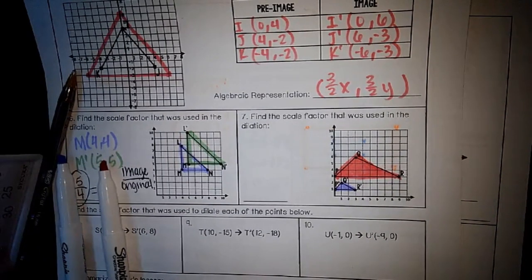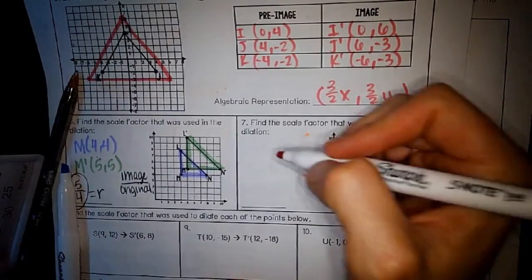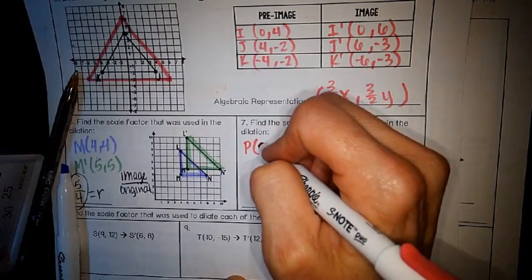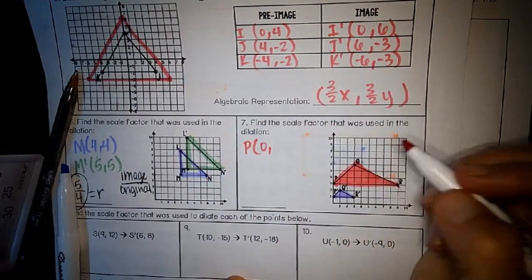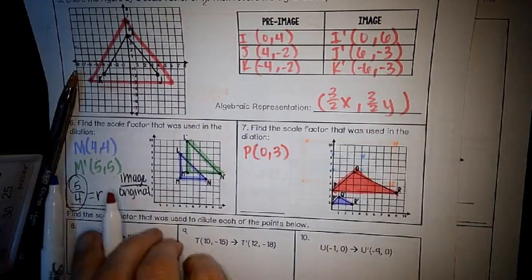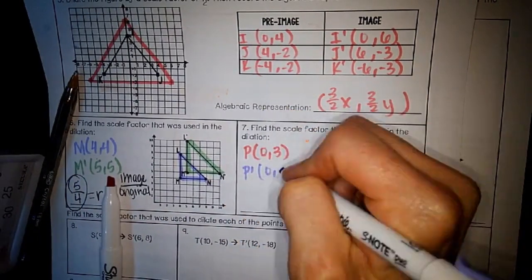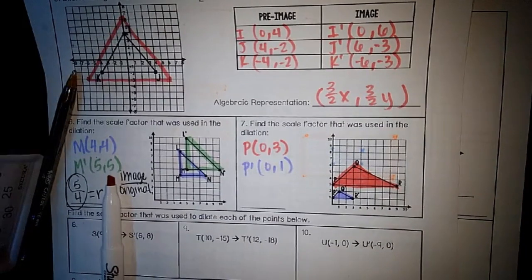P. Okay, let's go with P. So, the original P is what? 0, comma 3. And my P prime is what? 0, comma 1. Okay, so question you need to ask yourself, is my image getting smaller or bigger? Smaller. So what kind of number are you going to have? A less than 1. What's a less than 1 number look like? A fraction. So we're going to have a fraction.